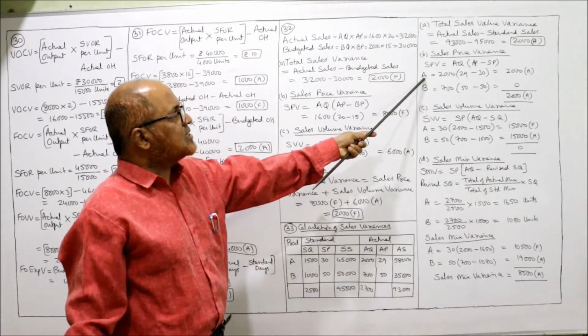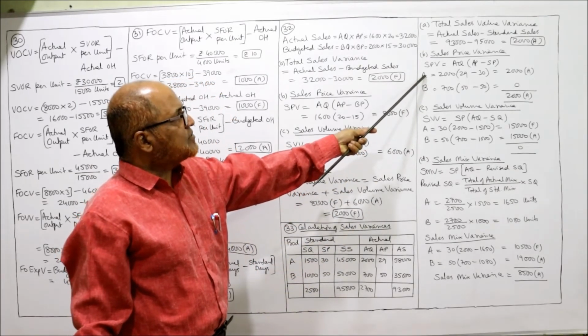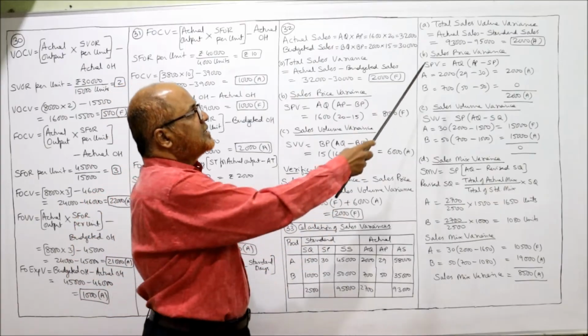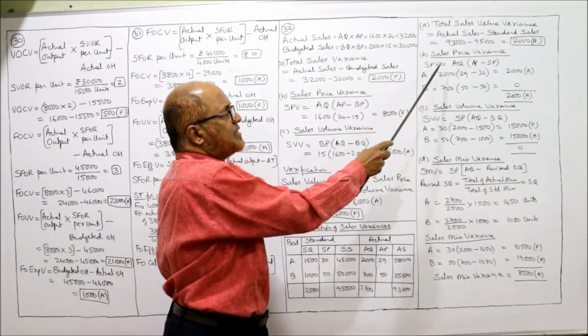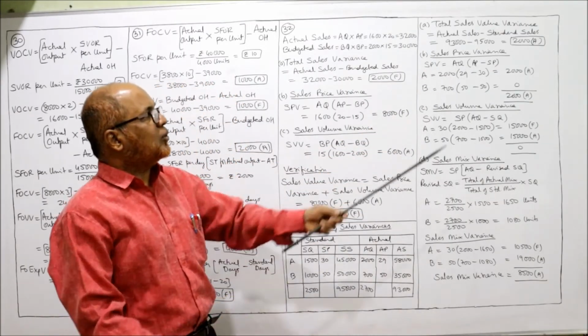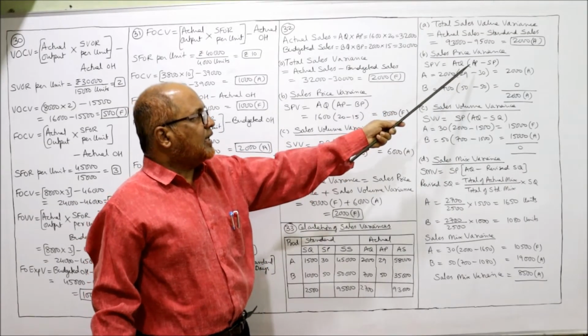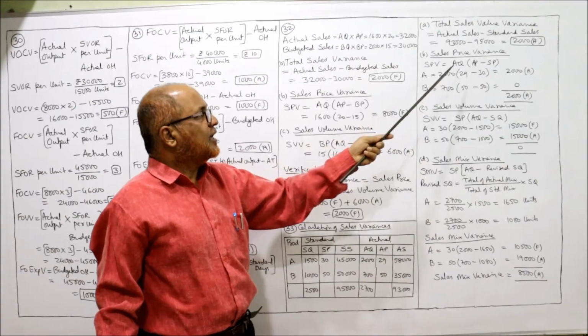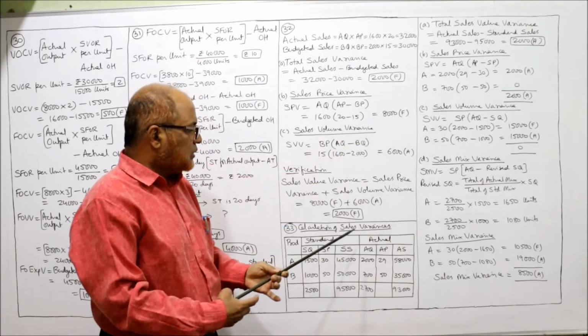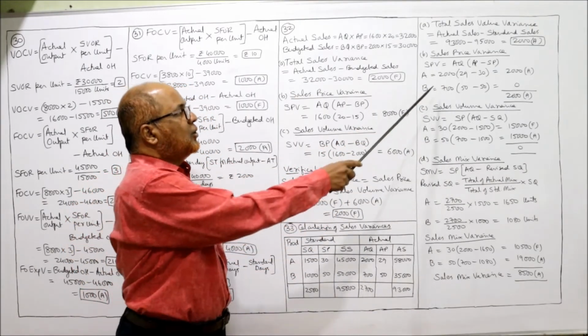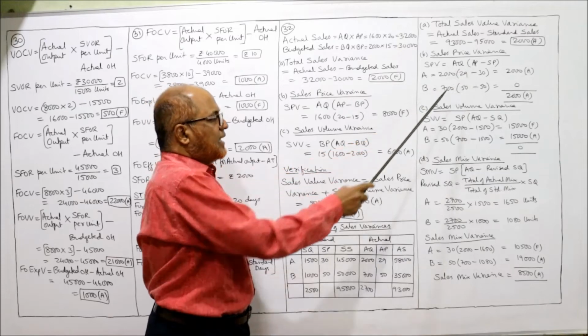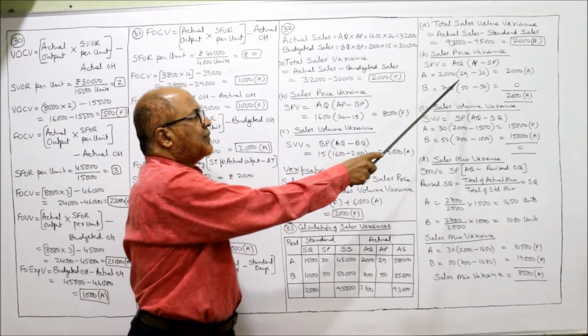Now sales price variance. Sales price variance, SPV, is equal to actual quantity into actual price minus standard price. So actual quantity of A 2000 and B 700. Actual selling price is 29 and 50.